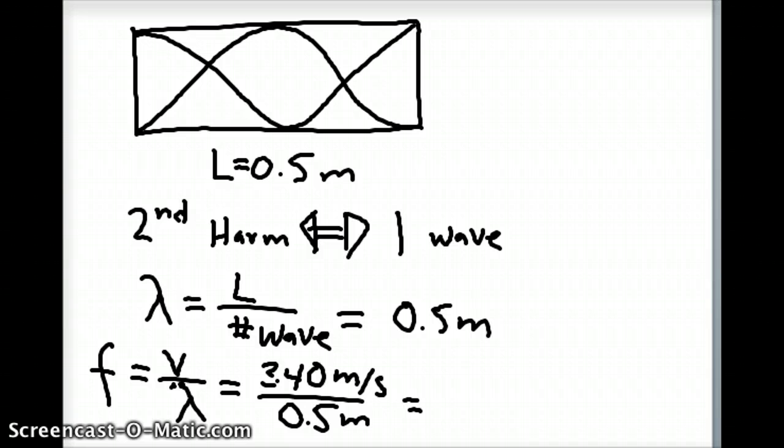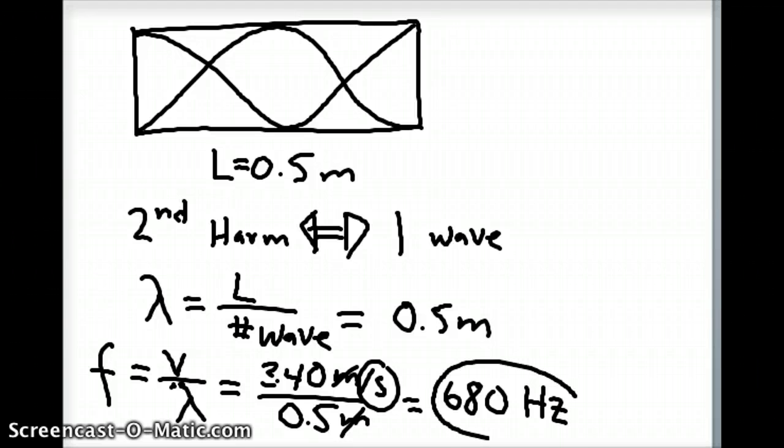I can do this in my head basically because I know that dividing by 0.5 or half is the same as multiplying by 2. So if I double the number here, I should get 680, and the meters cancel out to leave per second, which is equivalent to hertz, and that's exactly what we should get if we're trying to get a frequency.